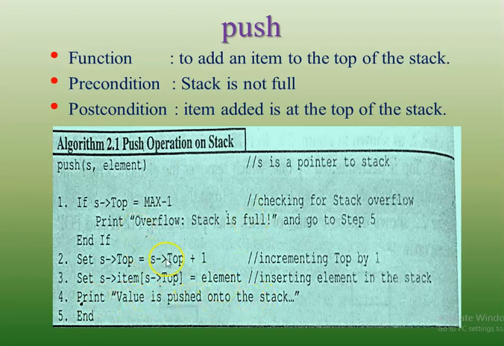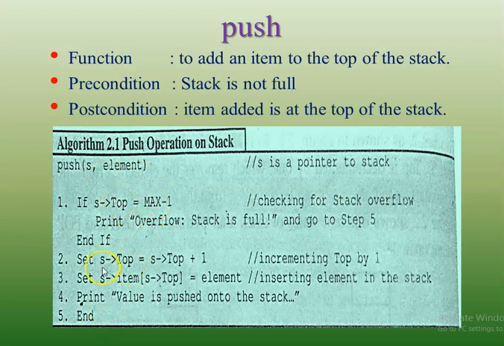So this is the algorithm for the push operation. We have to pass two values. One is the stack pointer and another one is the new element, and we have to check whether the stack is full, that is, whether we are left with any space in the stack for accommodating this new element. If it is not possible to accommodate that element, we have to stop the algorithm.